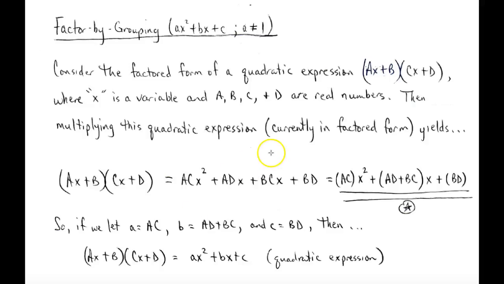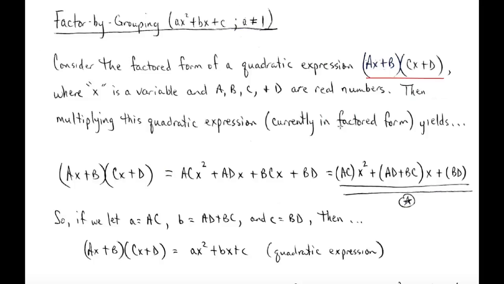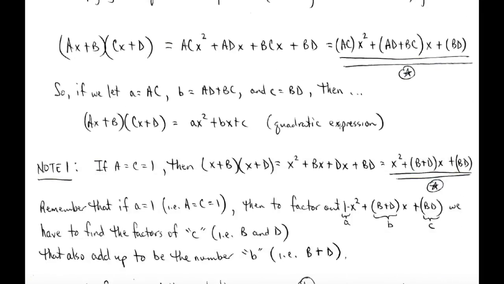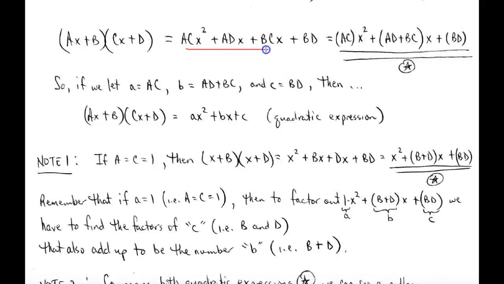Okay, so we start off by just considering that we have two binomials that we are factoring together, multiplying together. And if we multiply those via the FOIL method, this is what it comes out to be. And remember, for the FOIL method, we have first terms, and then we have outer terms, then we have inner terms, and then we have last terms.